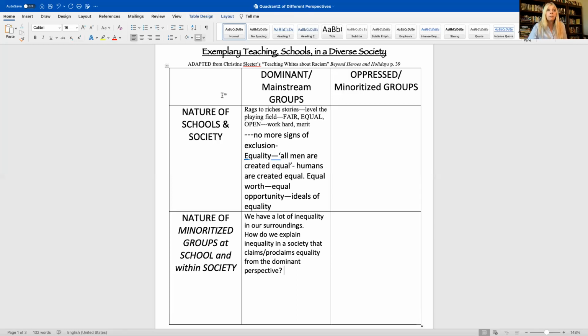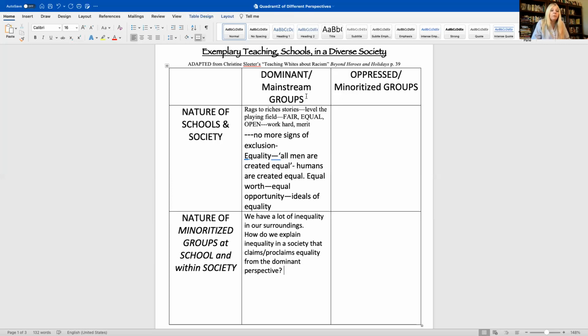So from the dominant perspective, put your dominant glasses back on. How does that get explained? We have this paradox, if you will, of equality being a value, but inequality being clearly around us everywhere we look.